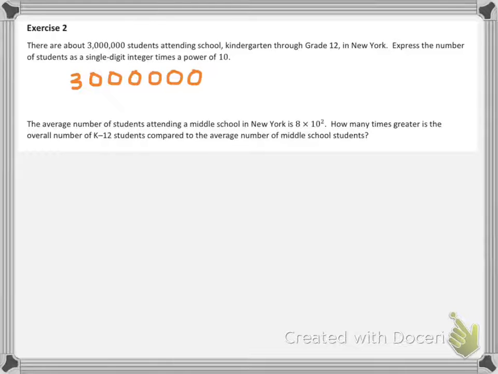So we have a decimal here at the end. That's 3 million. And in order to make this into scientific notation, I want my decimal to be right behind the first digit. So this is going to be 3. This is equal to 3 times 10 to some power.